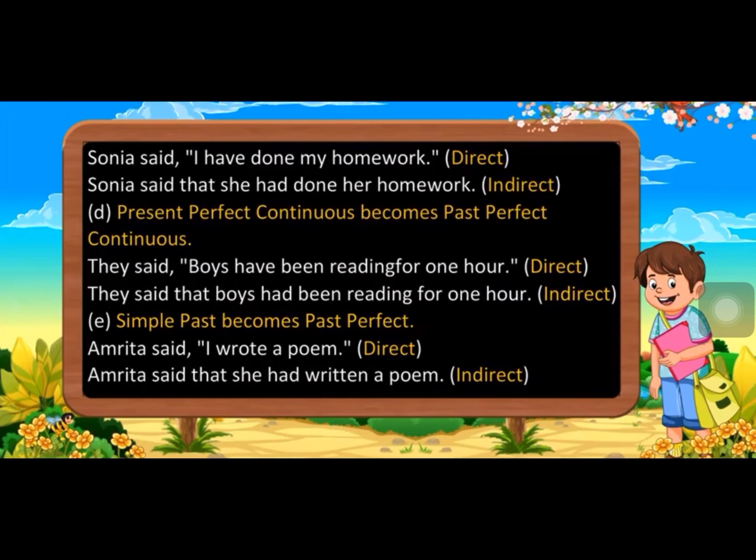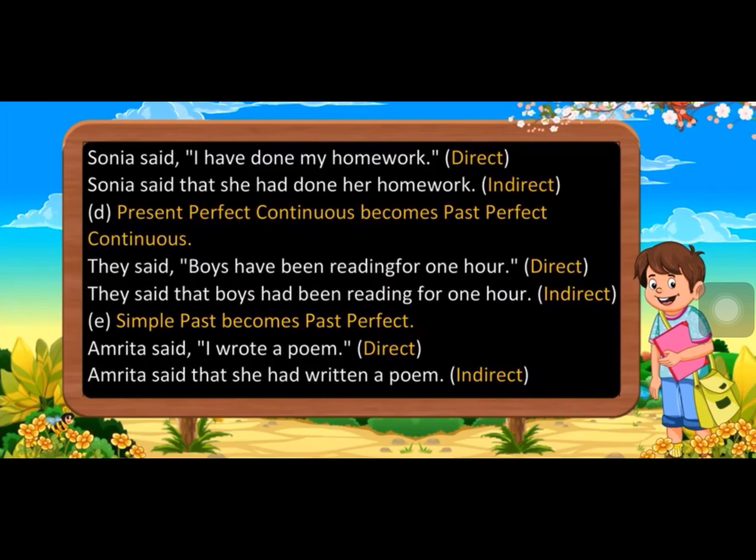You should have an idea about tenses also. Kinds of tenses: present tense, past tense, future tense. And again, each tense is divided into 4 categories: simple present tense, present continuous tense, present perfect tense, present perfect continuous tense. These all should be remembered by you.